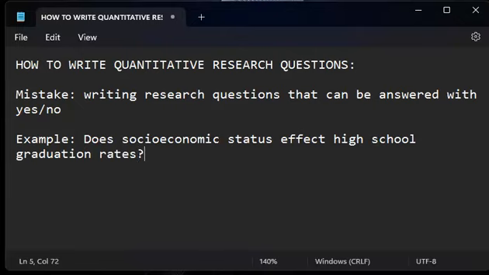A possible answer could be yes or no. This is not a great research question because it doesn't allow for the kind of variability that we would want to see in quantitative research questions.